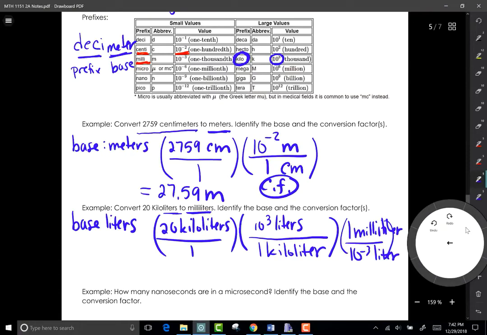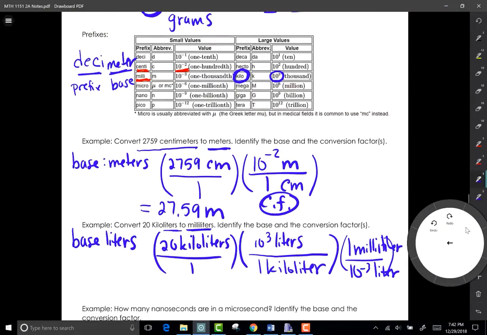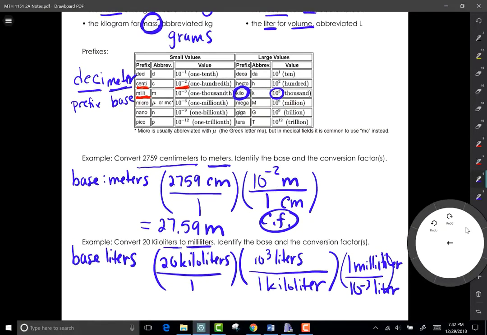Let me emphasize this: this is what my base is equal to. So if I have 1 decimeter, that's equal to 10 to the negative 1 meters. This represents what it's equivalent to for my base.